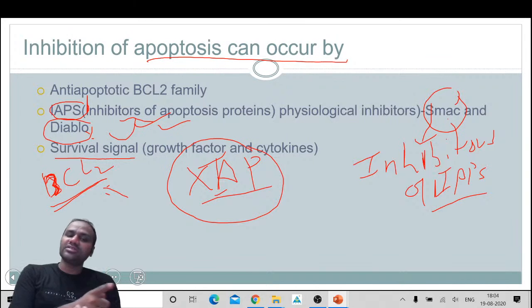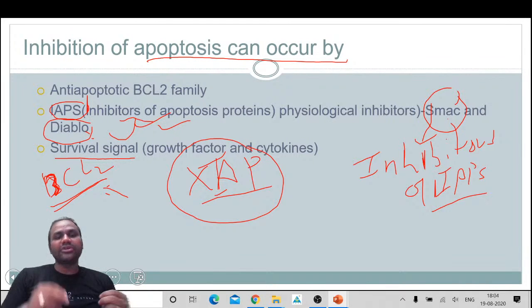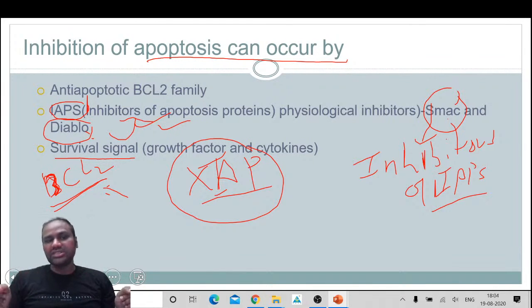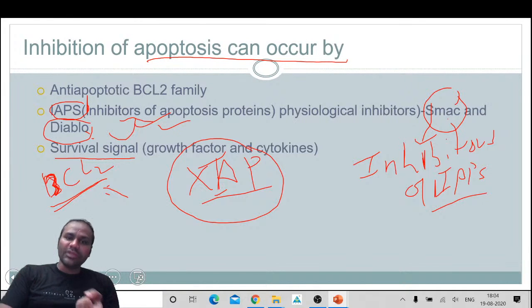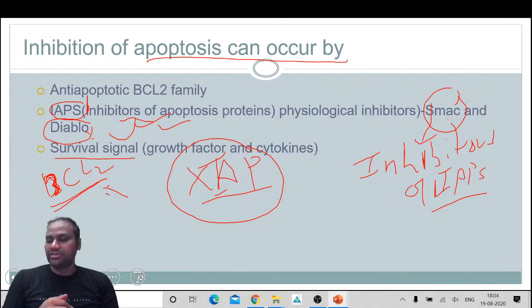Whenever the survival signal is absent, apoptosis occurs. And the BCL2 family is anti-apoptotic. So whenever BCL2 is functioning properly, apoptosis doesn't occur. Now, IAPs are inhibitors of apoptotic proteins. They are the physiological inhibitors.